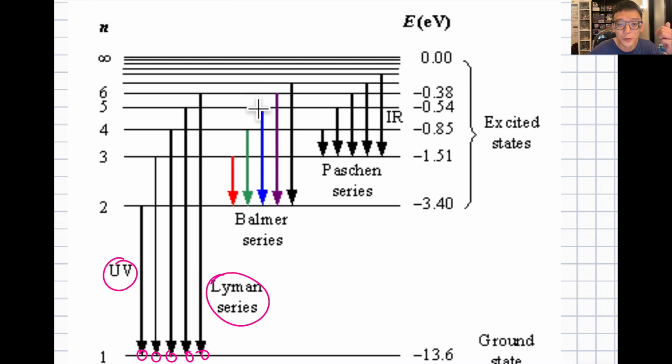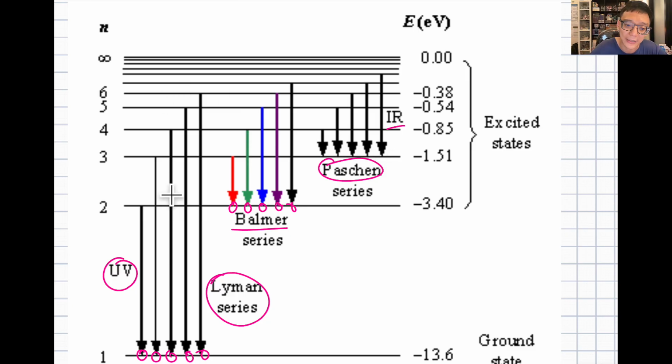If you want to produce visible light, then your electron must return to the second orbit instead of the first one. That is called the Balmer series. And if it only moves back to the third shell, then we have what is called the Paschen series. This will release infrared.